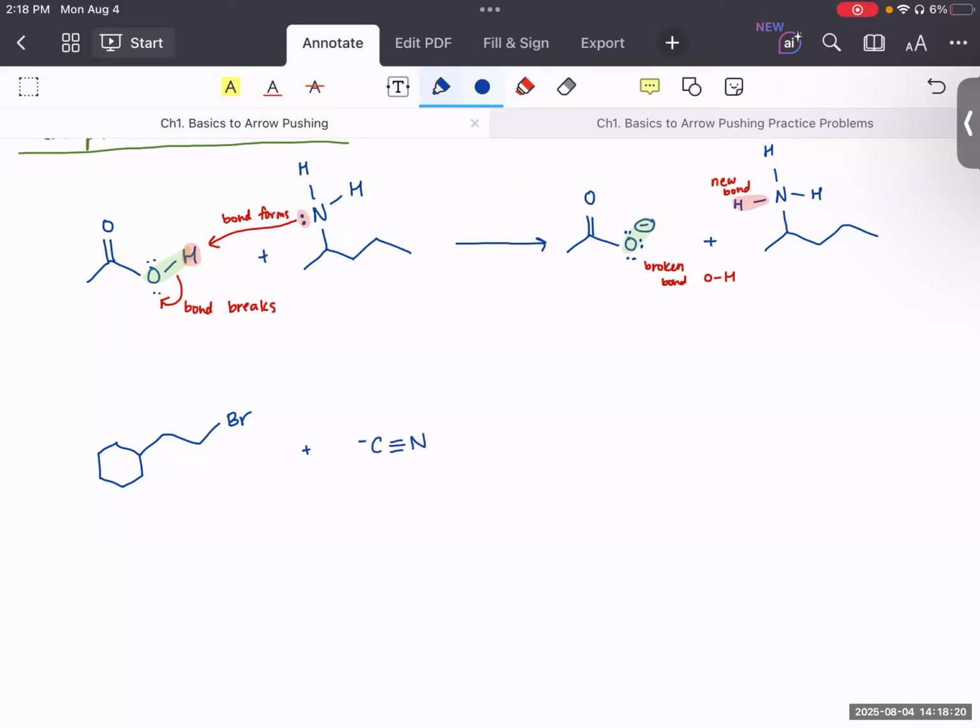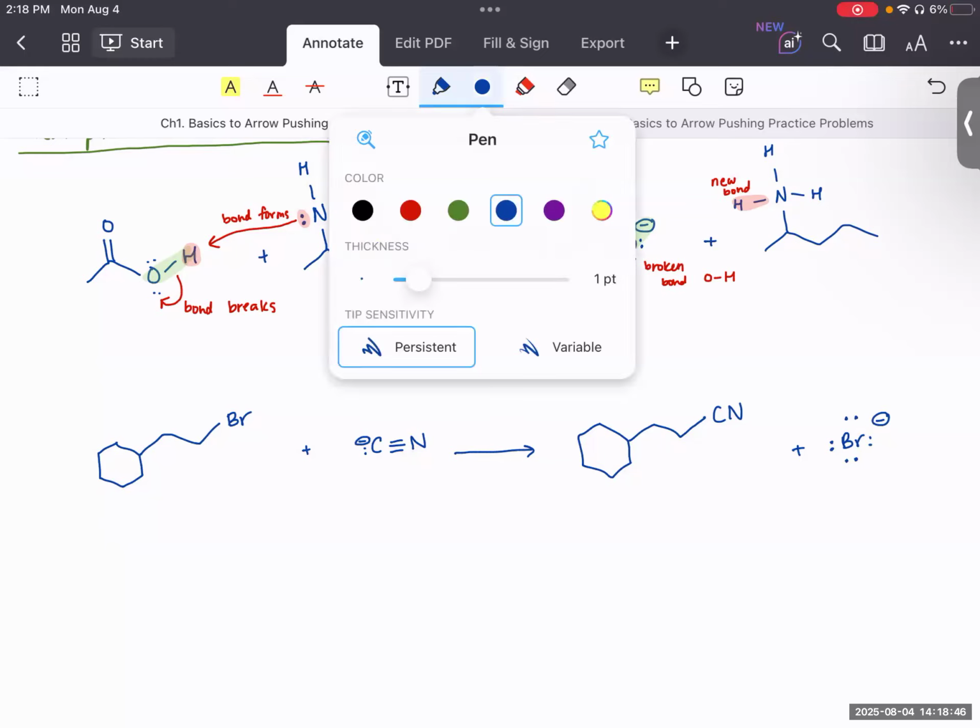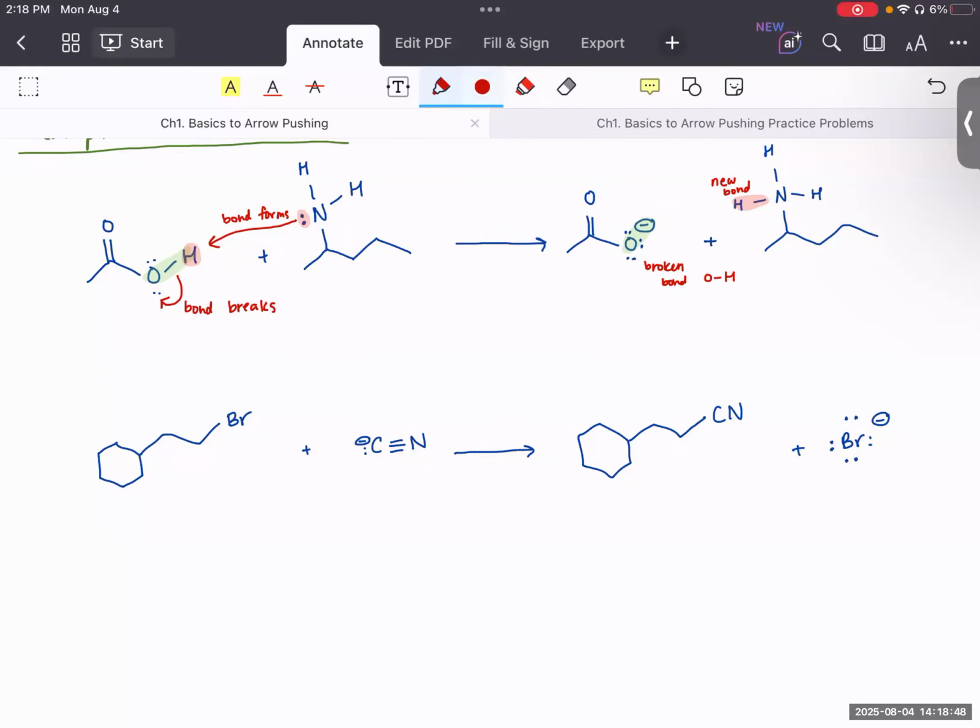Now I'll draw out the structure here. And so in this group, we have a lone pair of electrons on the carbon. And so that's where that negative charge comes from. And then the product that we could get here is this. And again, at this point, you shouldn't be able to predict the products of these reactions, but given the products, you should be able to draw out the arrows that represent the reaction.